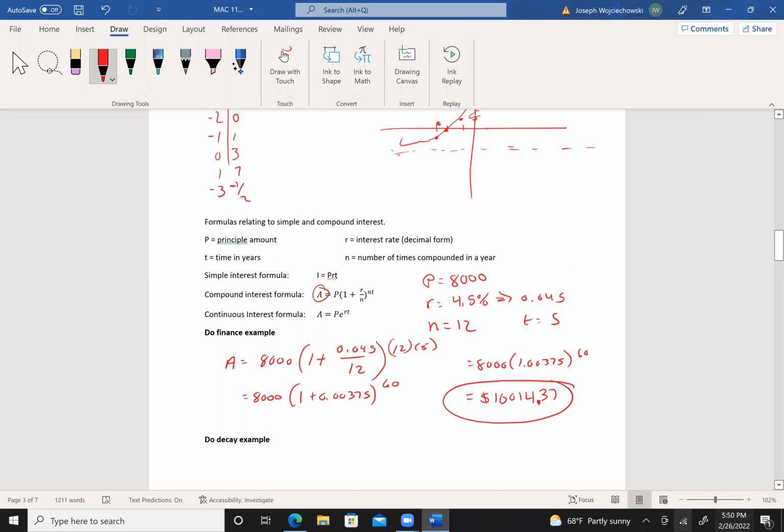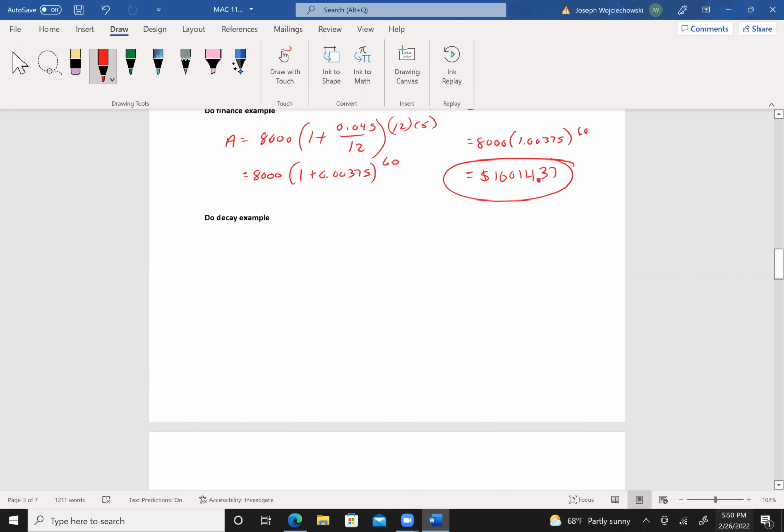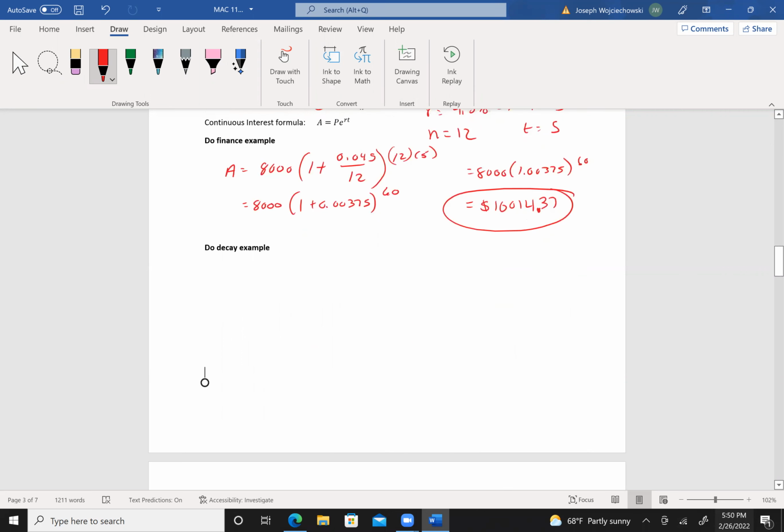Okay, we can also use these as decay models. So let's look at the half-life of radium-226, which is 1,620 years.